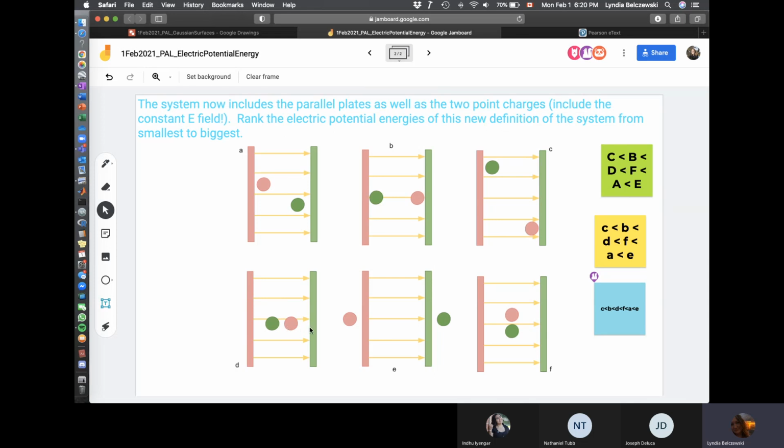And same goes for the pink charge as well. If you were to put them there, they wouldn't really move. They wouldn't gain any kinetic energy. And if they're not going to gain kinetic energy, then there wasn't any potential energy to begin with.